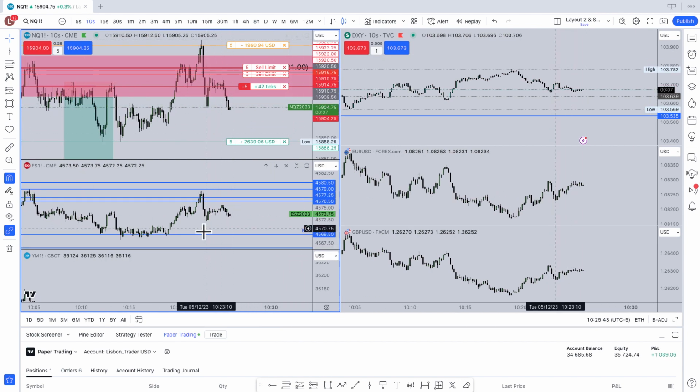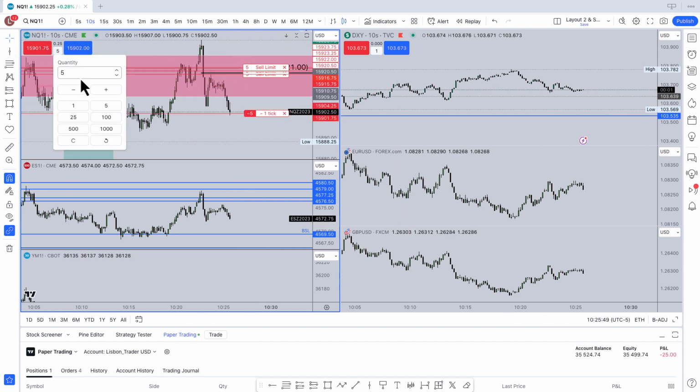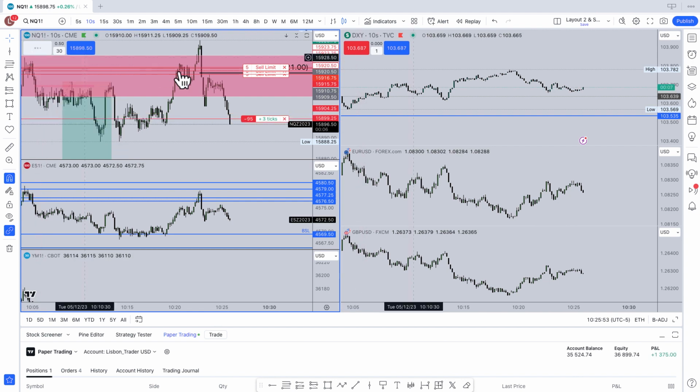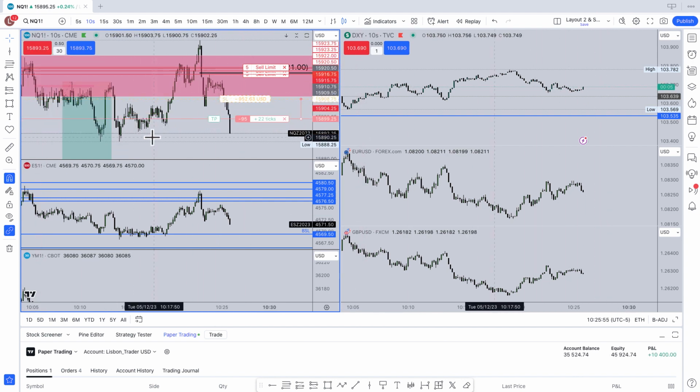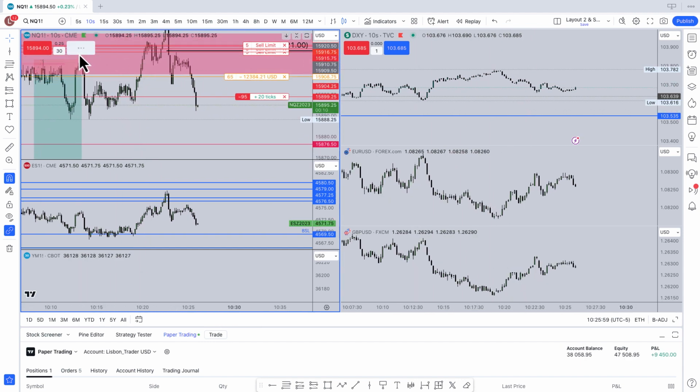So there's a SMT. It does not want to go up. And it just does not want to go up.